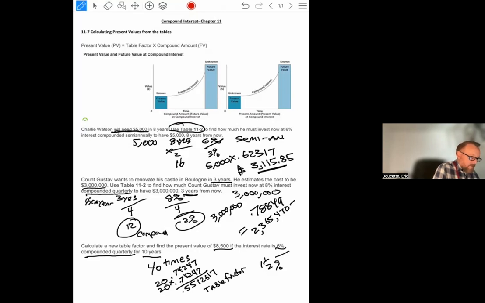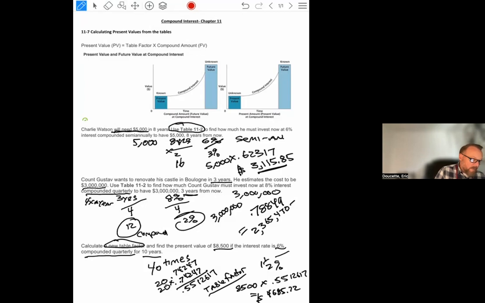And that is all the question is asking for: calculate a new table factor. Now, if it wanted me to finish the problem, I would simply take the 8,500 and multiply it by 0.551617, and that amount would be $4,685.72.